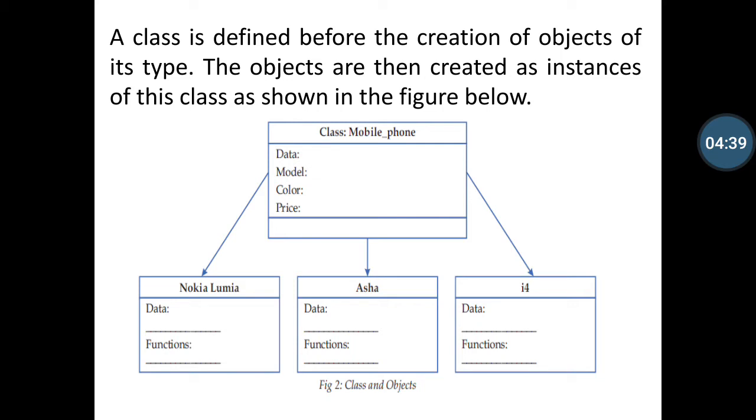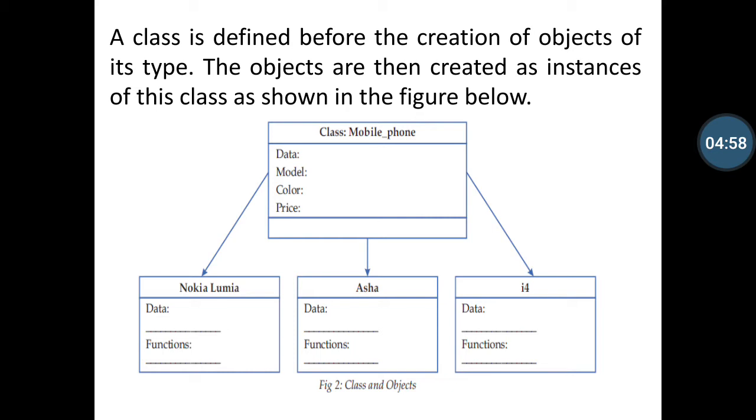For example, I am defining a class as a mobile phone, and then defining data such as model, color, or price as attributes of the class.